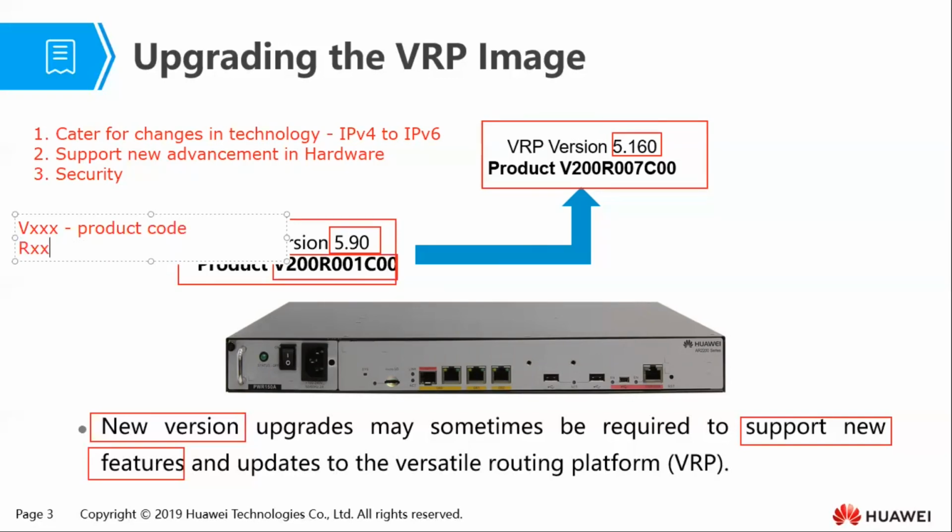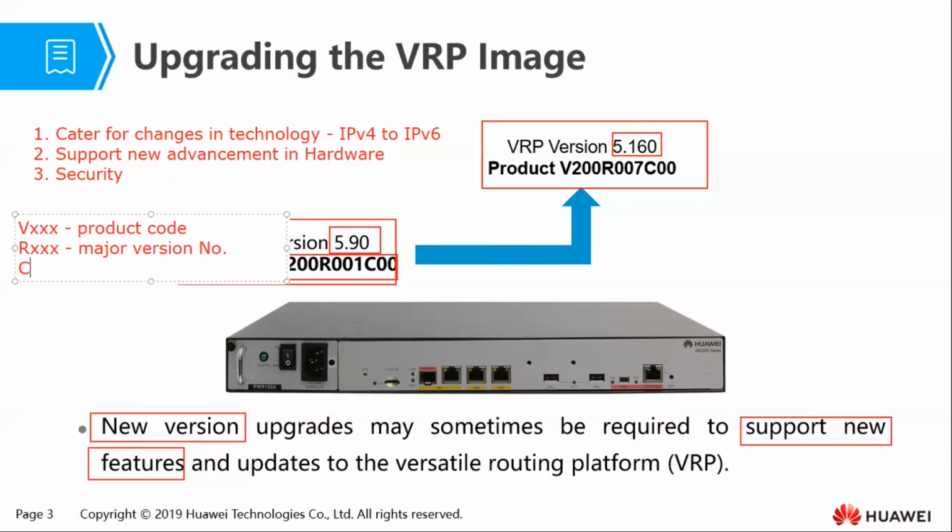Then RXXX, for example R001, gives us the major version number.